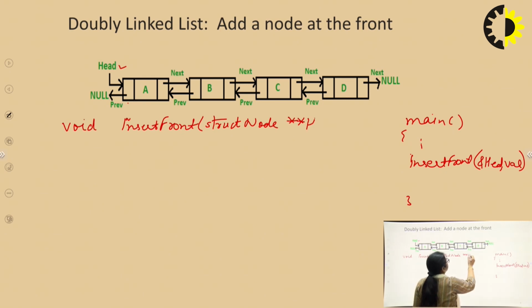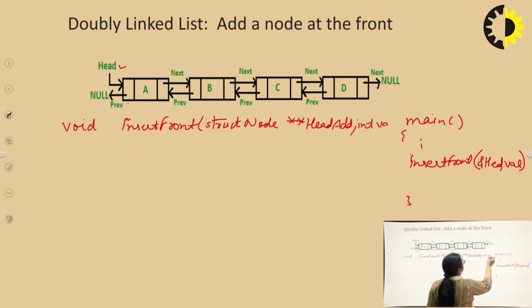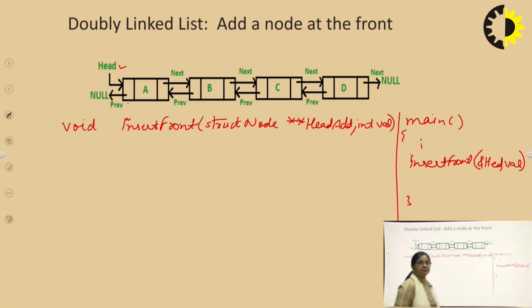Let me call it head address. And the other thing that has been sent is int val. So this is my function header. I am getting my head address, which is the information about the linked list, that is, the address of the first node.